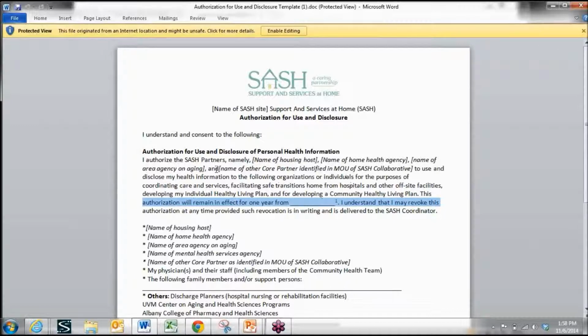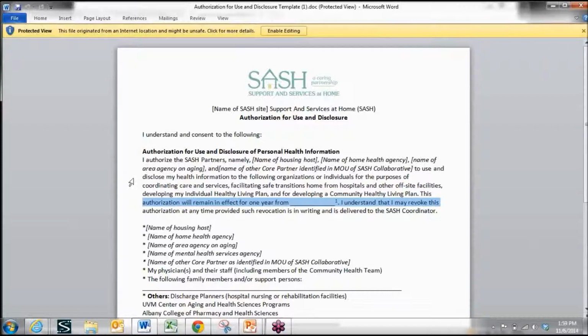So it says that they, as a SASH participant, are authorizing the SASH partners to use and disclose. To use means you're using it internally. So you, as a SASH coordinator, let's say you're looking at the assessment information and you're using it to then come up with some ideas for the participant. So that's you internally using that information.